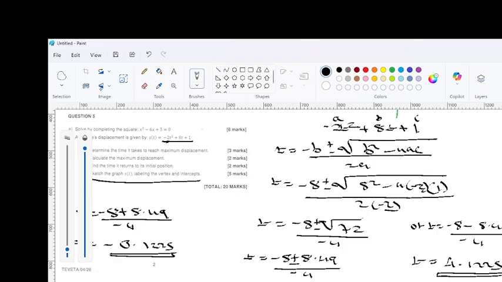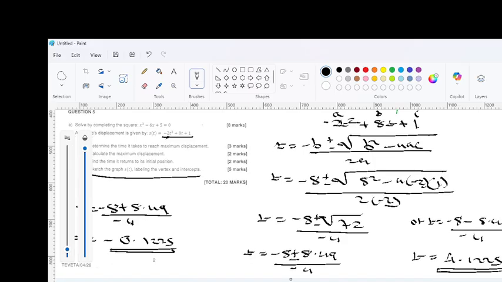Now if we get these values of t and substitute there, we're going to find that our s is equal to 0. So now it will be 0 comma what? The value of t, which is x, comma 0. Even this one, comma 0.